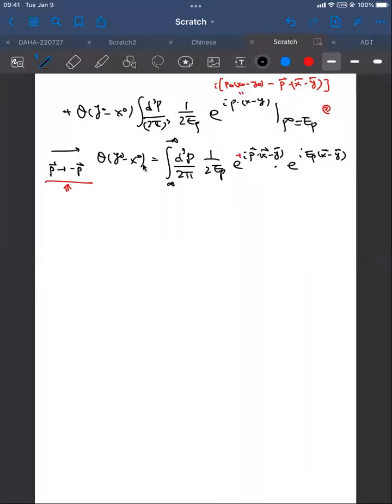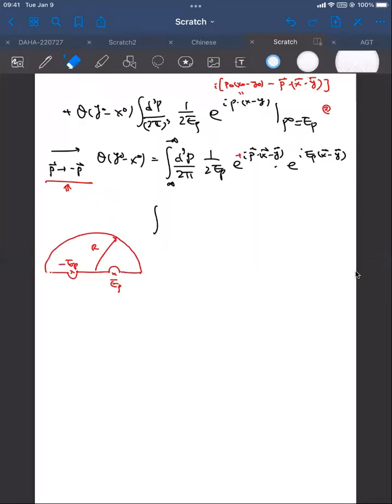After that, you just look at the contour with big radius R. I missed one explanation: here it should have a minus sign.